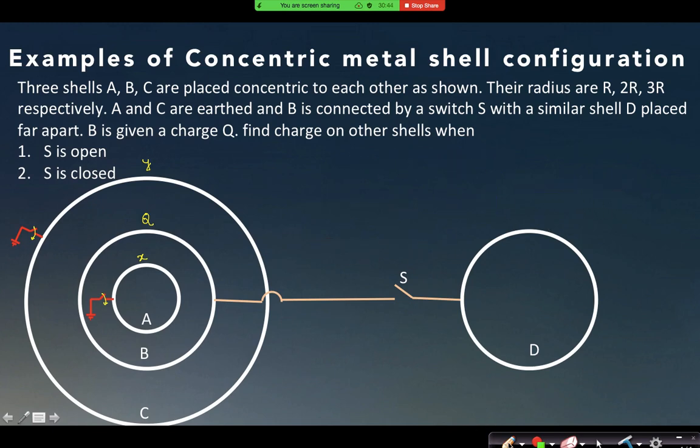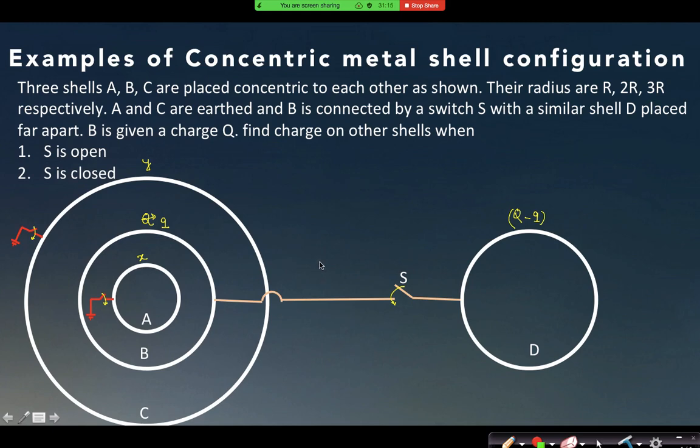And as soon as I connect it with the shell D by the switch S, then what will happen? Now let us assume that the charges are X, Y, and this charge will not be Q. Instead, I can say that this charge will now be small q. So where will the rest of the charge go? On the shell D. So on the shell D, now the charge will be capital Q minus small q.